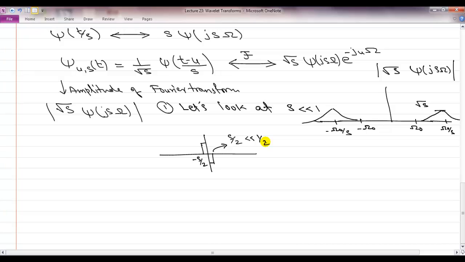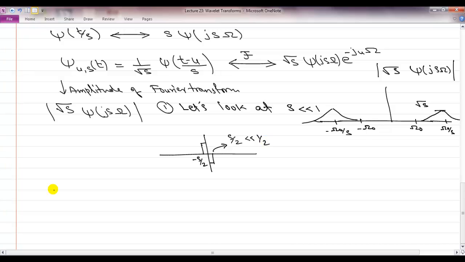Okay? And for that region, I am looking at high frequencies. So very small scale, very high time resolution, and analysis of high frequencies. But the moment you go into high frequencies, your resolution in frequency is getting bad. Okay?